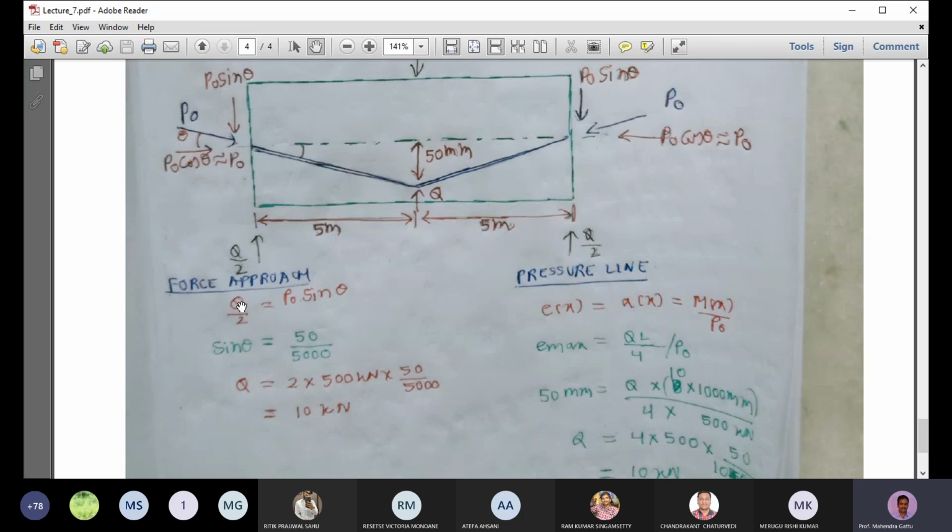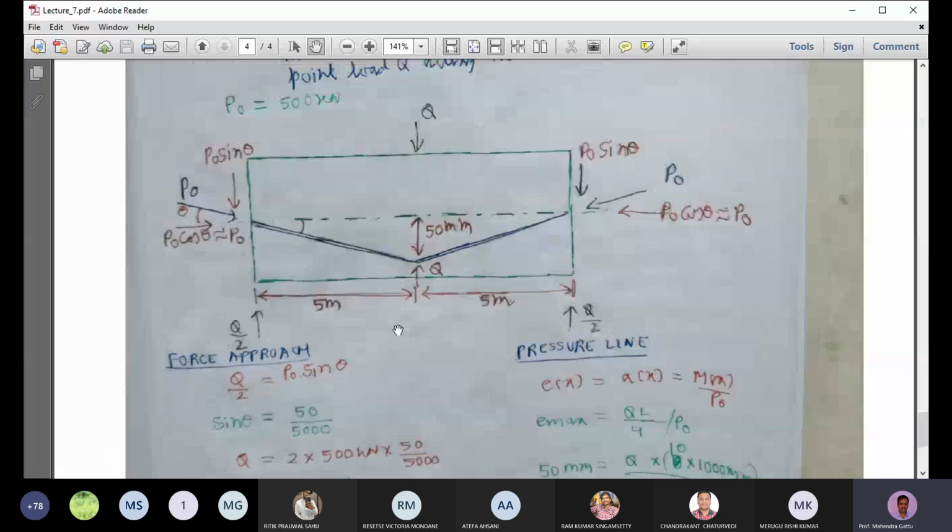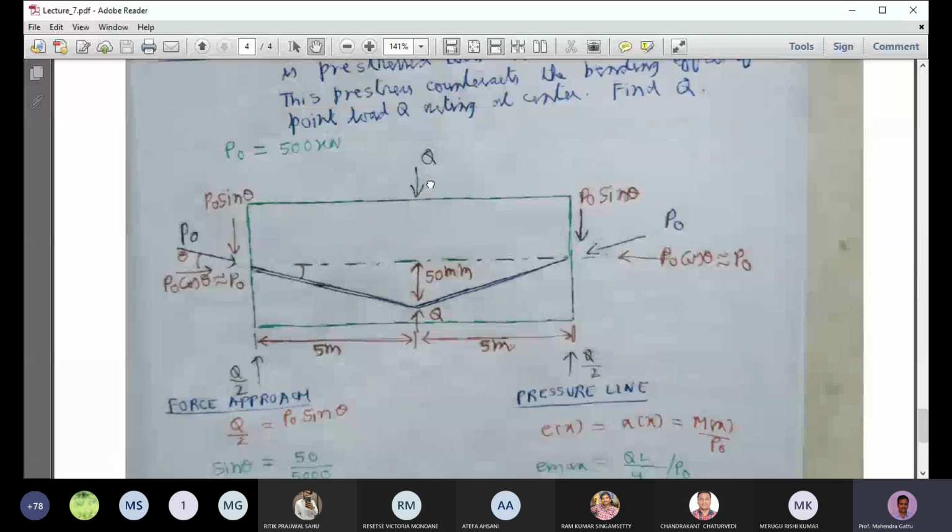So we have our equation Q by 2 is equal to P naught sin theta, and the theta value is 50 millimeters by 5 meters, so 50 by 5000. It is coming around 1 by 100, around 0.01. So Q will be 2 into 500 into 0.01. We are getting 1000 into 0.01, which is 10. So the system can balance a load of 10 kilonewton.